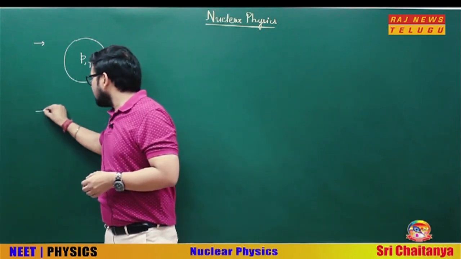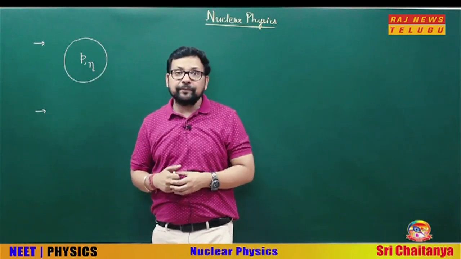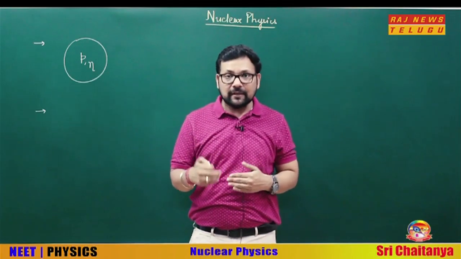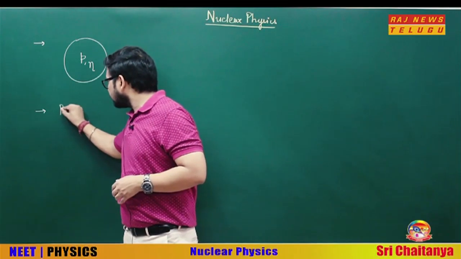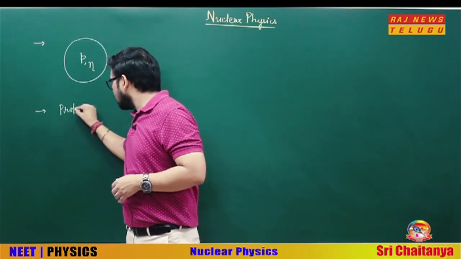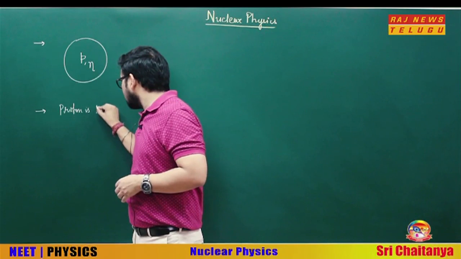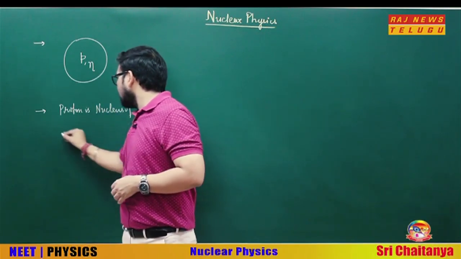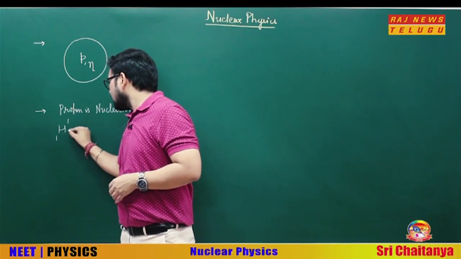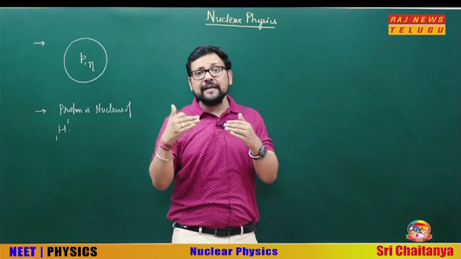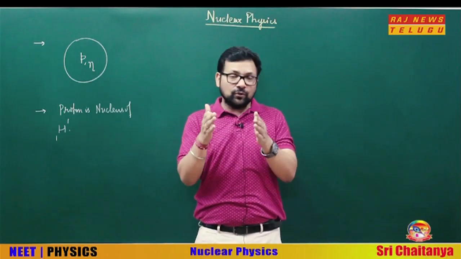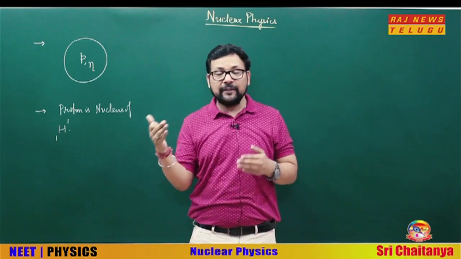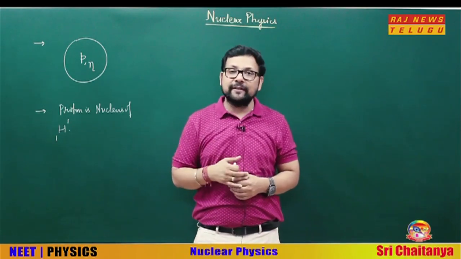Later on, we discussed what exactly a proton is. Then we came to know that the proton itself is a nucleus. What is a proton? Proton is the nucleus of protium, the lightest hydrogen isotope. You know there are 3: hydrogen, that is protium, then deuterium, and then tritium.